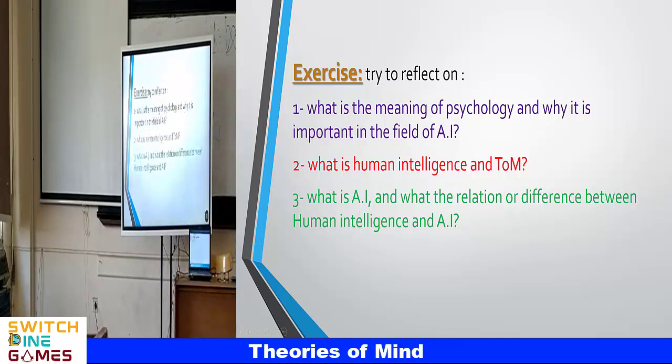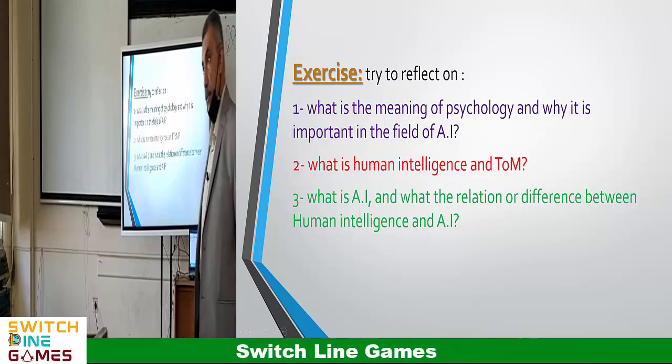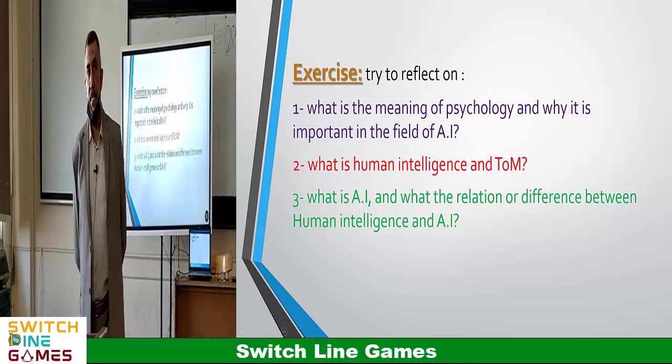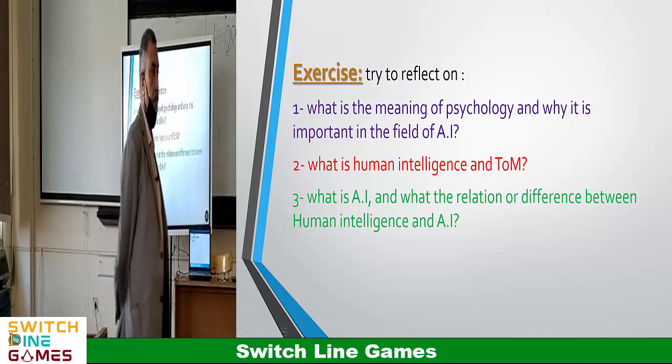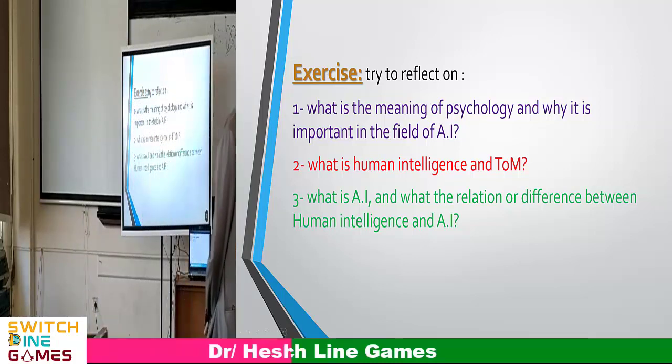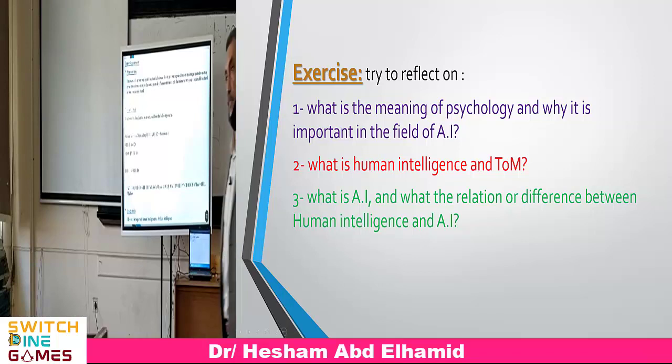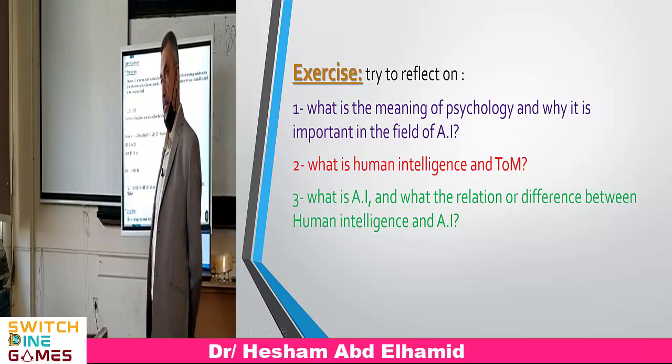What I am saying now is verbal communication because I have this language. Okay? And the second subtype is non-verbal communication. What is the meaning of non-verbal communication? Body language.